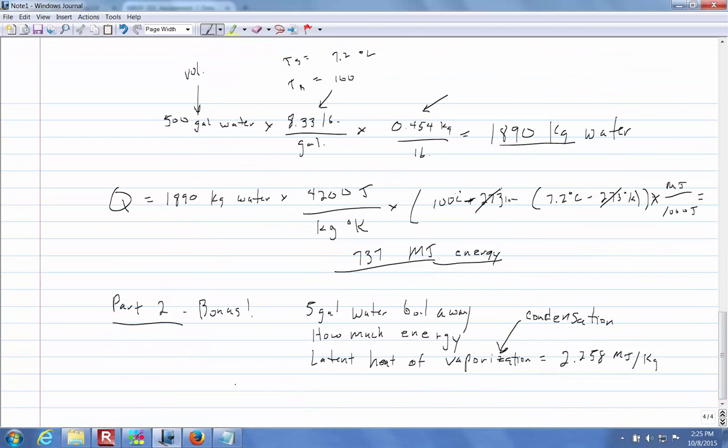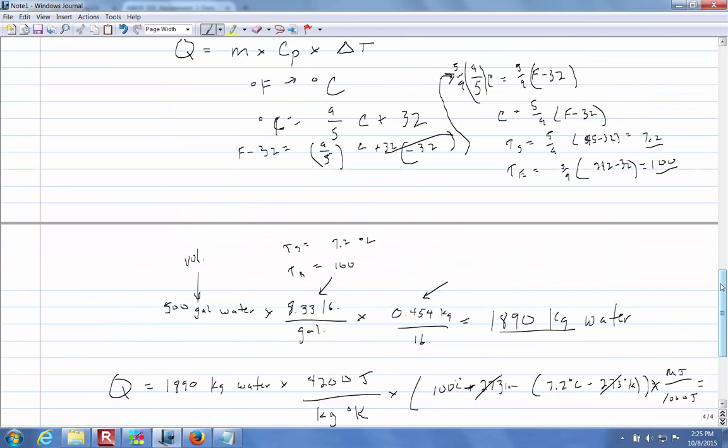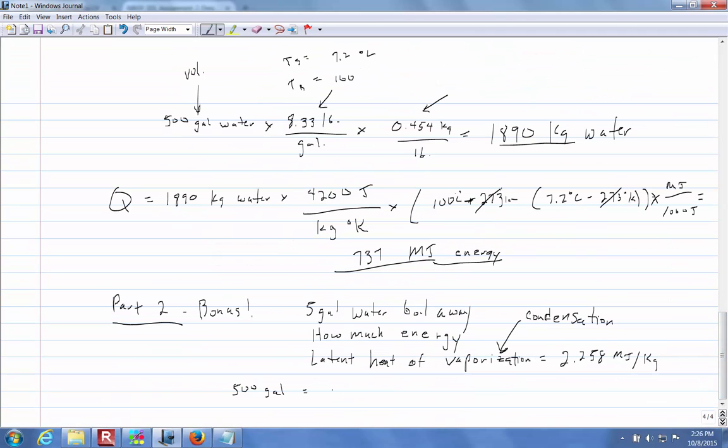And this is so you had 500 gallons of water equals how much? I say that was 1890 kilograms. We can do a ratio, can't we?